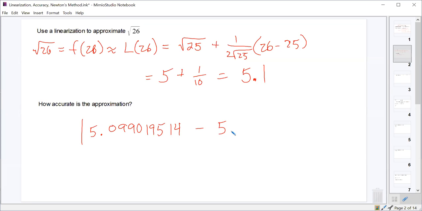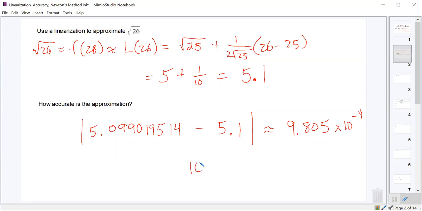And if we take our approximation value, we end up getting 9.805 times 10 to the negative 4. And so what we would then say is this is off by 9.8 times 10 to the negative 4.